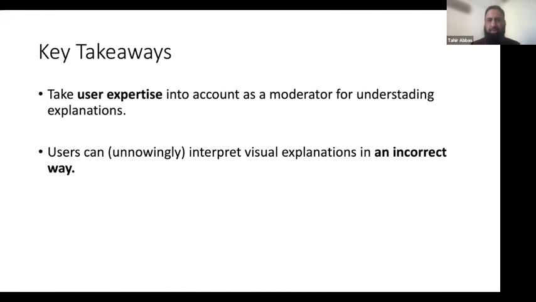That's why it's important that we provide them with additional aids, with additional text, or maybe some other sort of explanation, or training tools like tutorials, that can help them to properly interpret these visual explanations. And with this, I conclude my presentation.